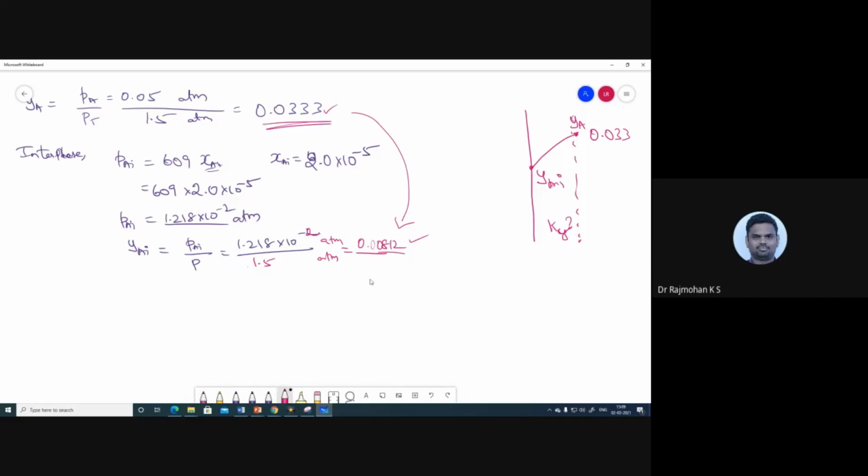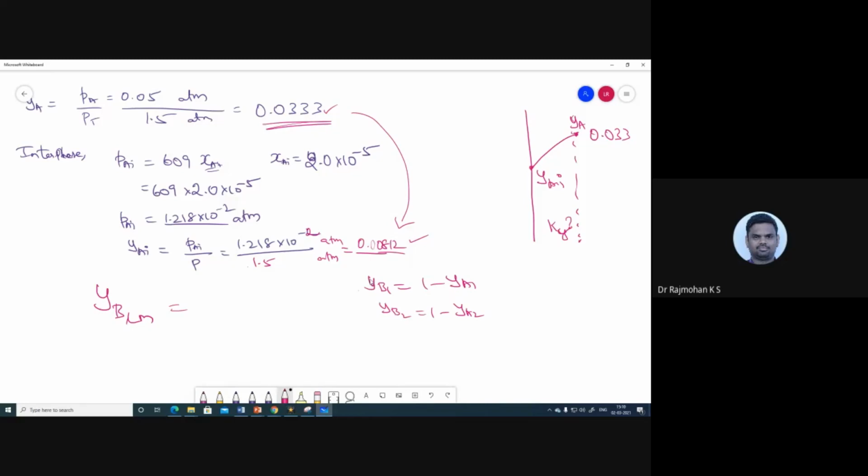Now we have both Ya1 and YaI. So can you find out Yb logarithmic mean? Yb1 equal to 1 minus Ya1, and Yb2 equal to 1 minus Ya2.